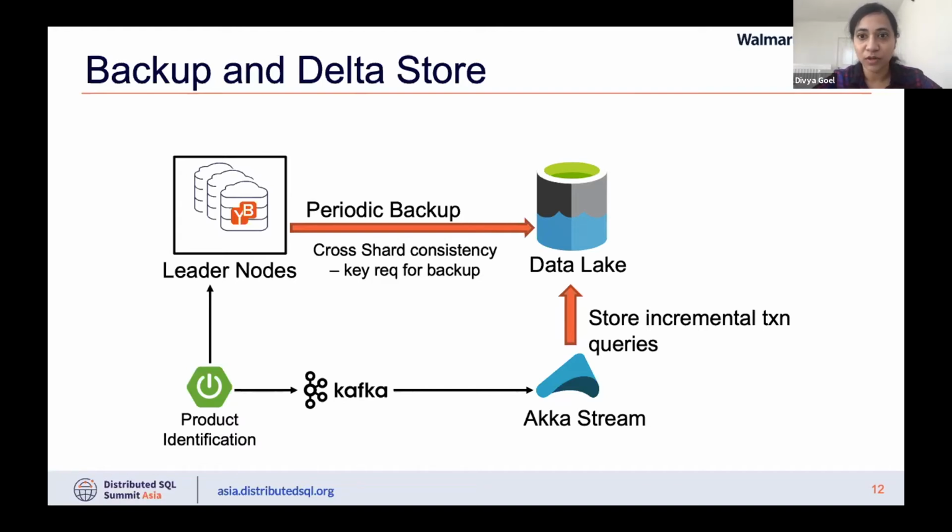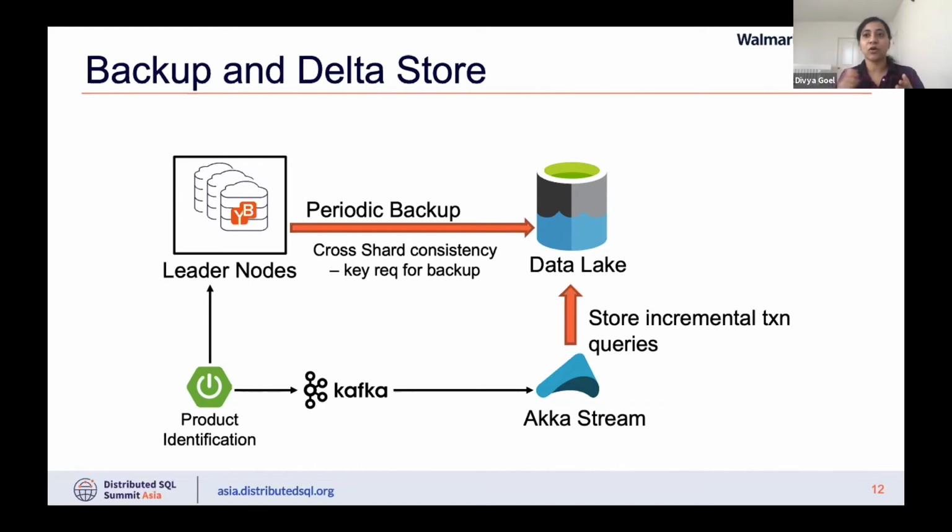The important thing for us in backup was that we wanted to get cross shard consistency. So if we have multiple tables and we have different shard keys, we want to get the same snapshot across all tables, same state, so that we don't have data inconsistencies in our backup. That was a key requirement for us.